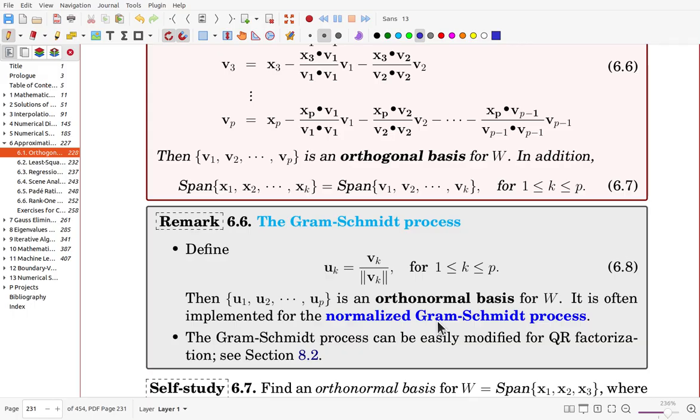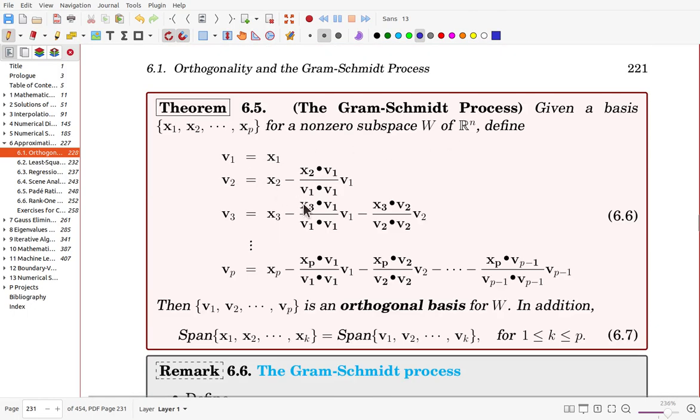In fact, during the computation, each time it is normalized, so after getting v1 it is normalized. Then when we get v2, this denominator is not necessary, because this dot product will be 1, so we can get v2 easily.